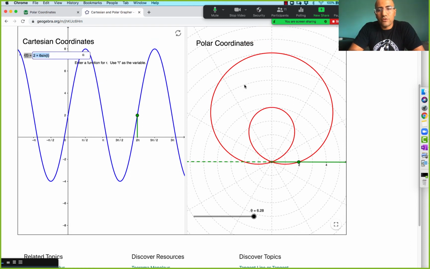So the inner circle gets bigger, apparently, as it has something to do with the relationship between these two constants. Right? If I make this one bigger than this constant, about a 6 plus 2 sine t.